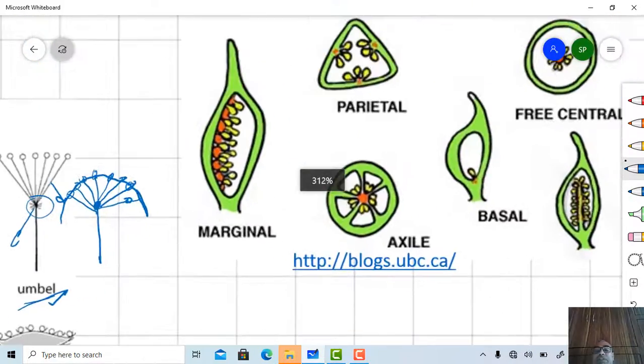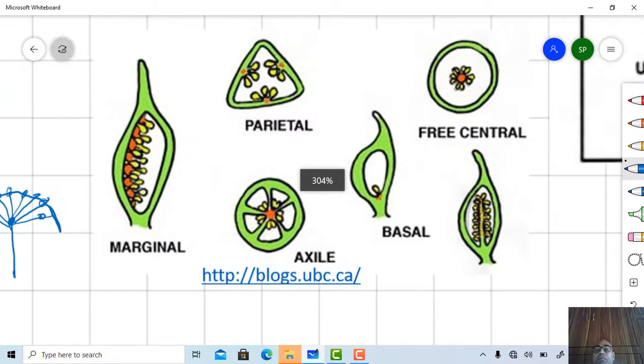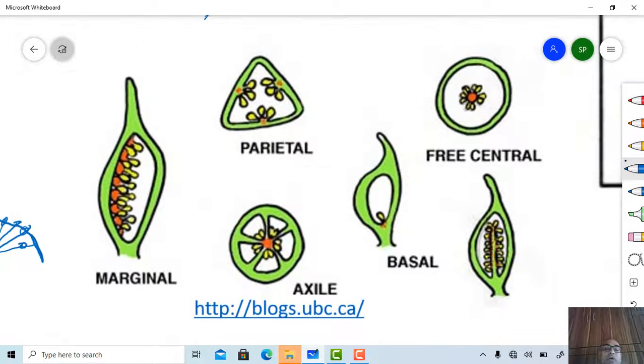Then just see this one about the placentation. The mode of arrangement of the placenta within the cavity of the ovary is called placentation. This is a marginal type of placentation. In family Apocynaceae, the gynoecium whorl may be either syncarpous or apocarpous. What is syncarpous?